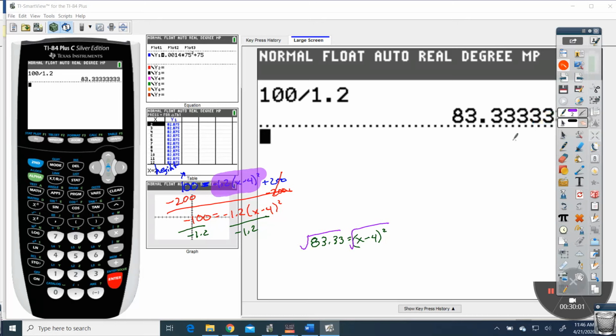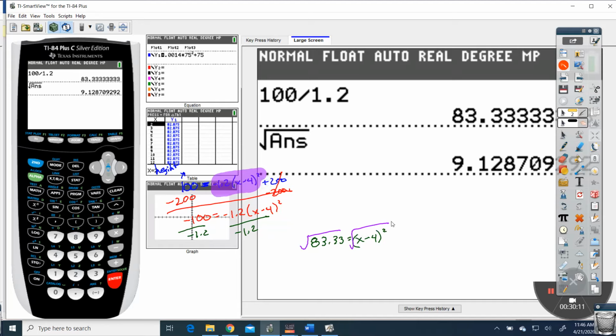So I'm going to come to my calculator, and I'm going to go second square root, and then second, this little negative, and it puts the answer back in there. So the square root of 83.3 is plus or minus 9.129 equals x minus 4.